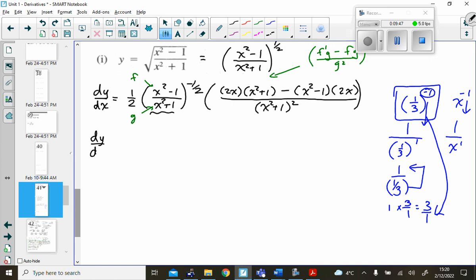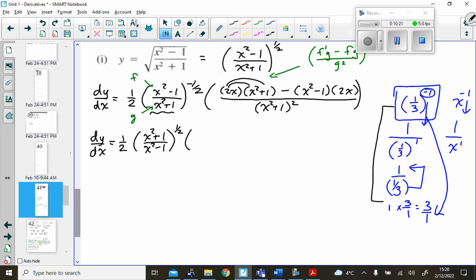dy by dx equals, I'm going to write it this way. It's 1/2. I'm going to flip this fraction over, put the x squared plus 1 on top, the x squared minus 1 on the bottom, and make it to the positive 1/2 power. Flip it, because this shows me I can just flip it. So when you have a fraction to a negative power, flip it over.